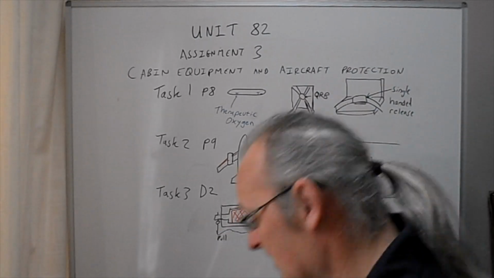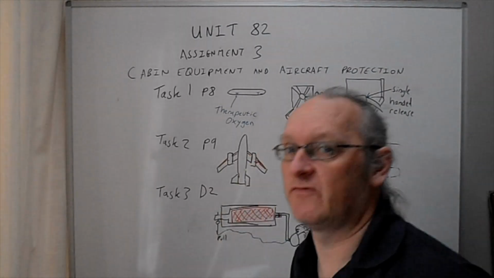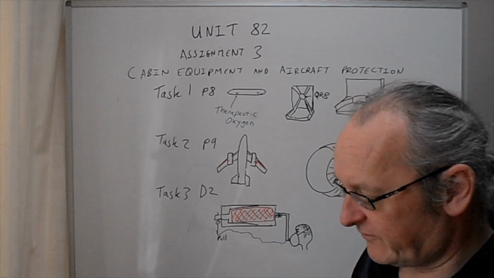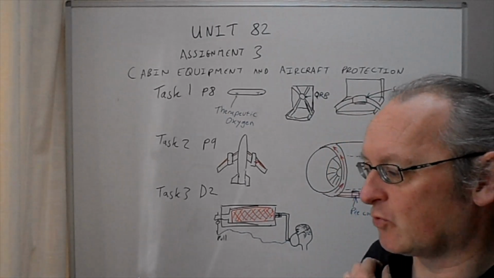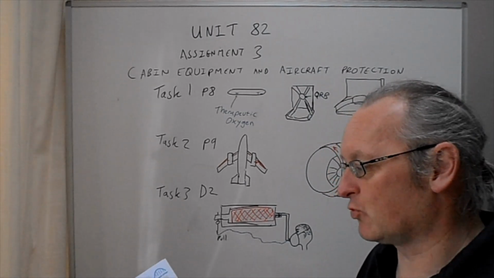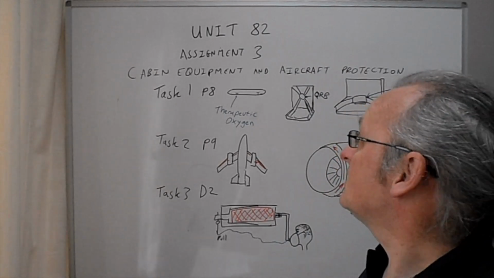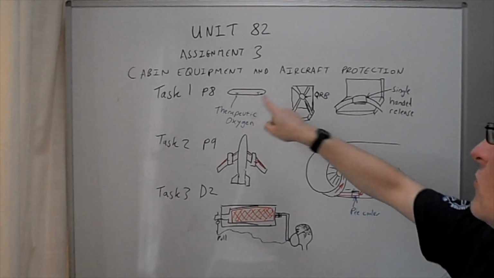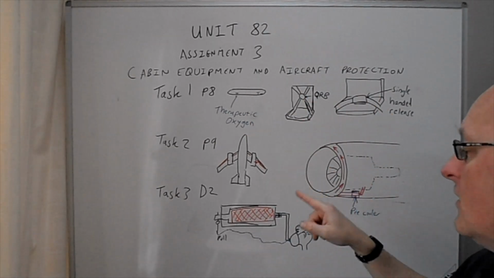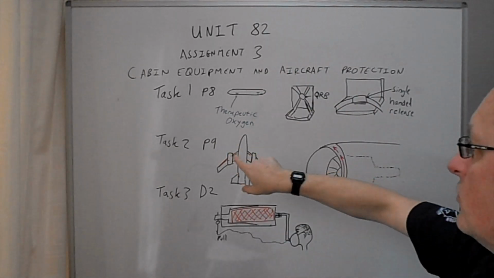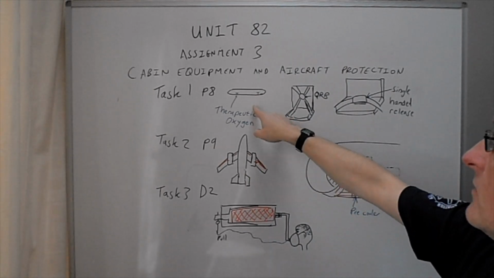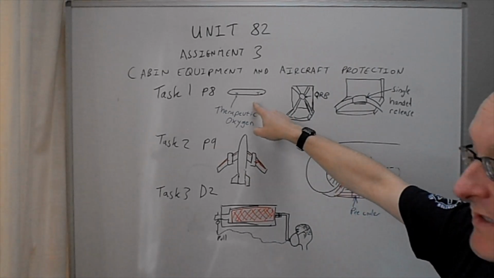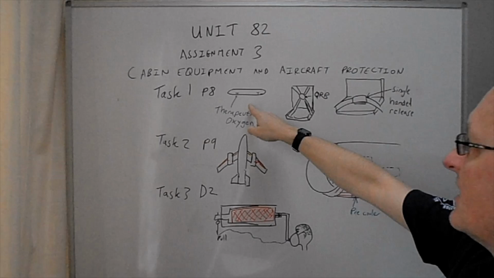The criteria itself can be a little bit confusing. So the first criteria, which is P8, and Task 1 is geared towards P8, Task 1A and B. Basically, this just shows you that if your assignment has not got that drawing filled out, which is on the assignment sheet, that needs to be done.